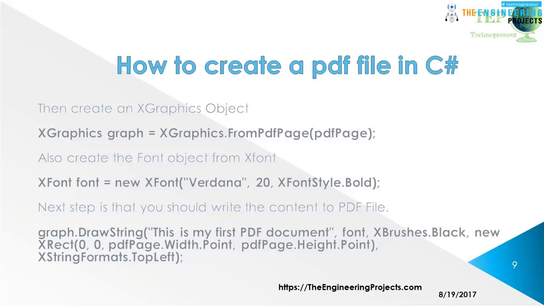It means the zeros are the parametric values, and width point and height point follow. Then in the close parenthesis, XStringFormats.TopLeft. It means the string will be printed on the top left.